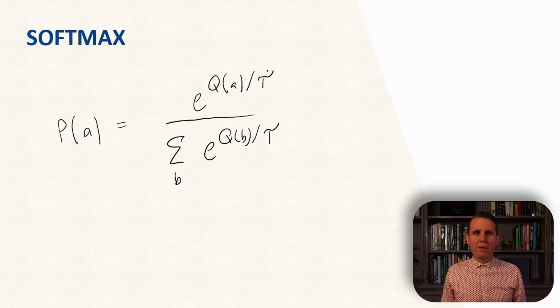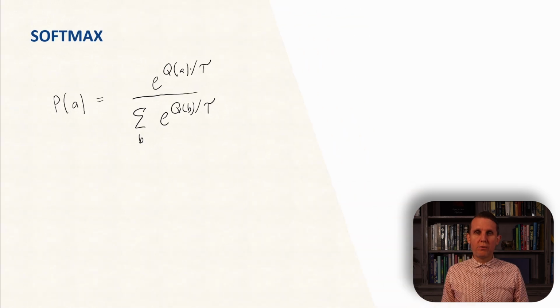A higher tau would mean that older data has less influence, making this more robust to change. So we can think of any value of tau greater than 1 as kind of flattening the probability distribution out. A tau of infinity would mean that actions are chosen uniformly. And as tau approaches 0, softmax would become a greedy strategy, choosing argmax Q of A for every move.